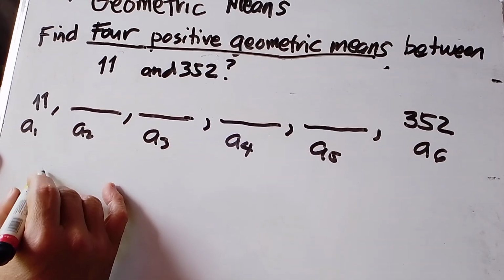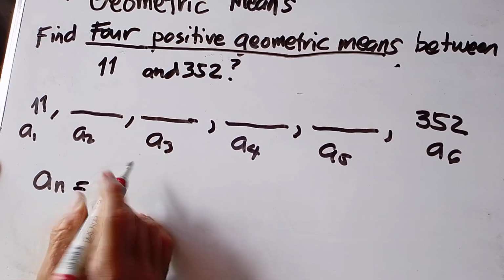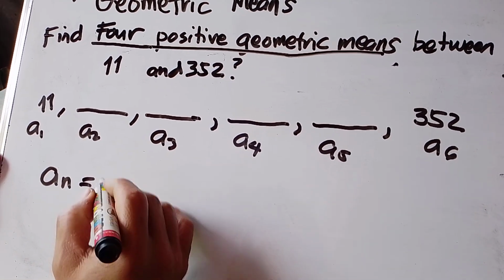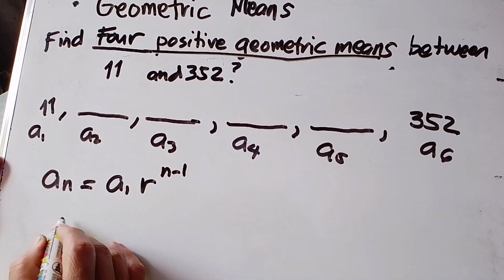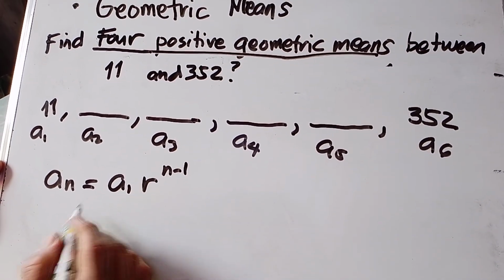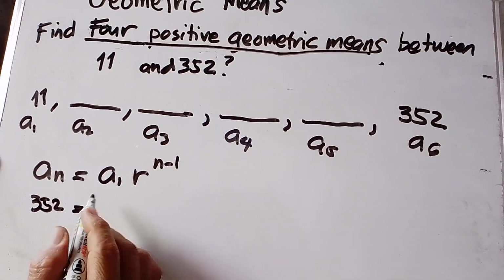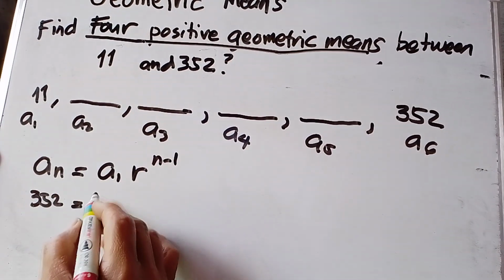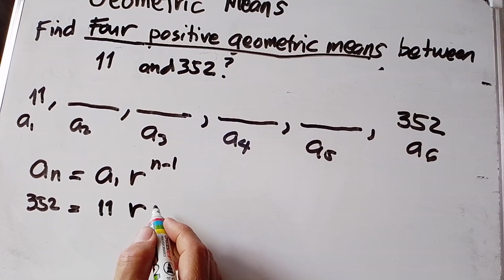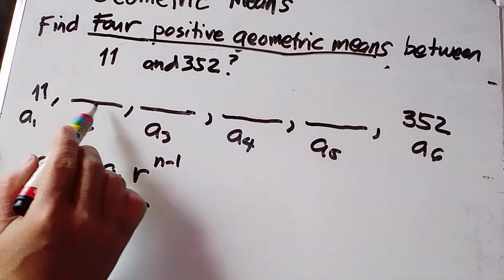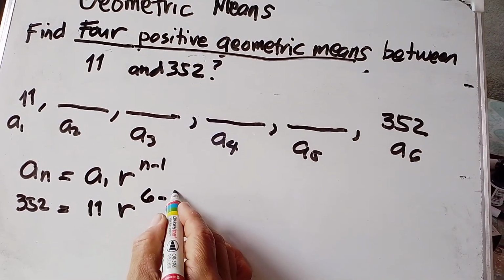First thing to do is we need to solve for the ratio using a1 times r to the n minus 1. A sub n is given, 352, is equal to our a1, which is 11, the first term, then r. How many terms do we have? 1, 2, 3, 4, 5, 6. So this will be 6 minus 1.